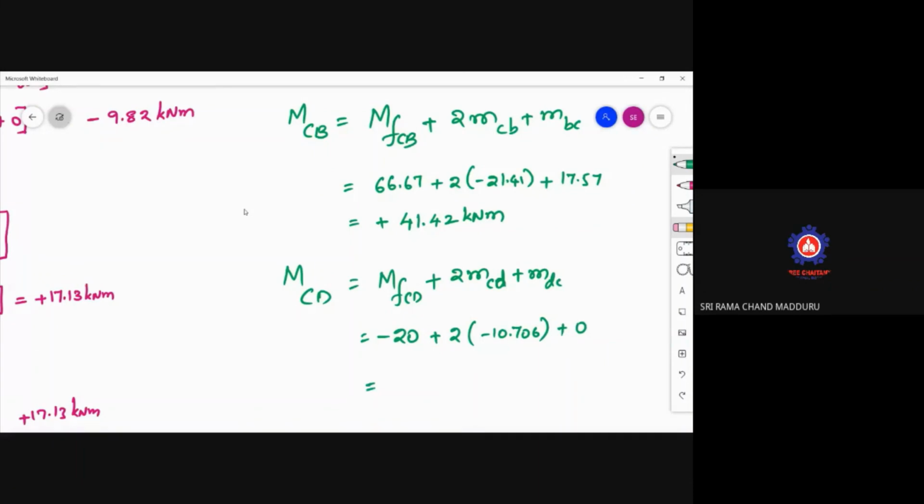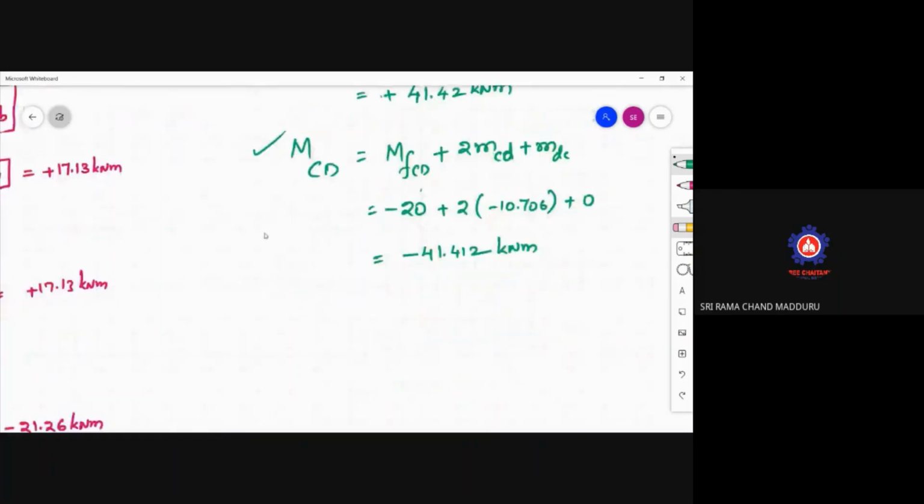So which is minus 41.412 kilonewton meter. Once again, you can check the joint condition: MCB plus MCD is 0.